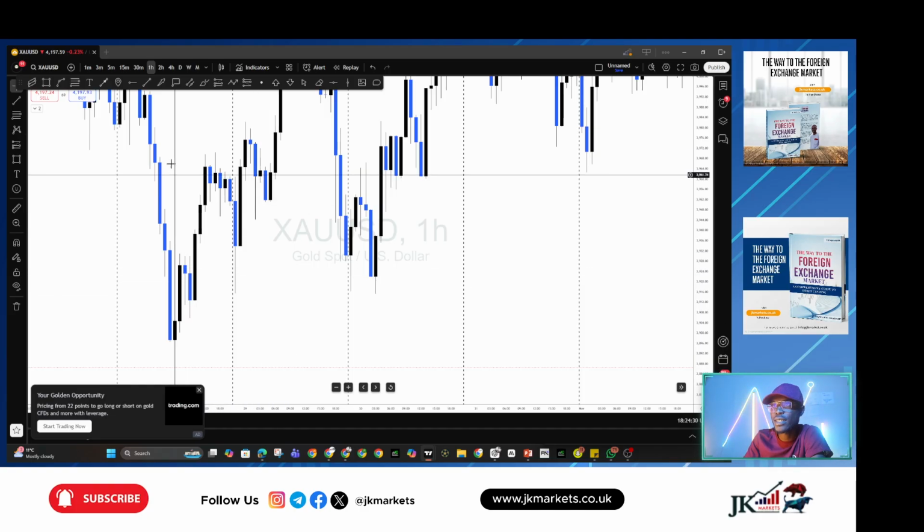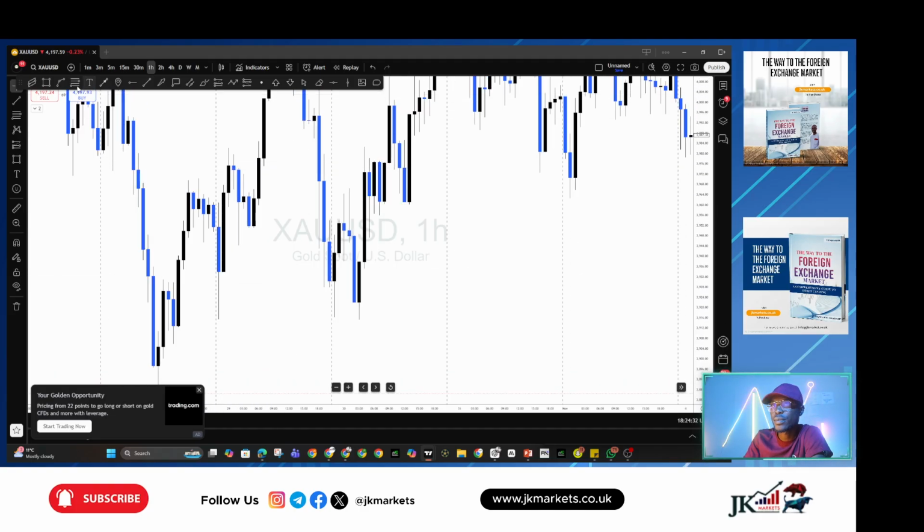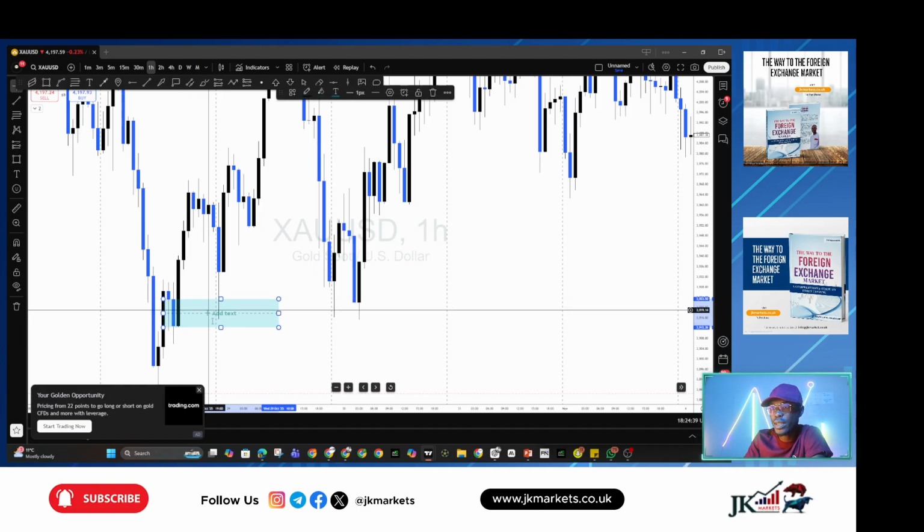Right, so let's see something like this one. This blue candle here is an order block. So you notice that when the pair touched it, there were a lot of institutional buys here. So the moment it touched it, it moved up.